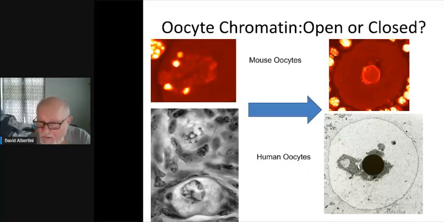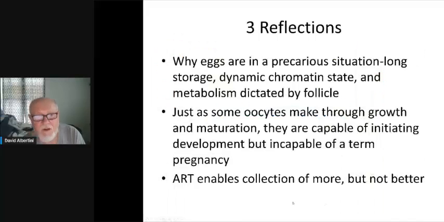And here's an electron micrograph of a fully grown human oocyte with its prominent nucleolus. And these are all conditions that we know can be, again, affected by lifestyle. You can imagine that interruption of gene expression patterns during development of an oocyte could have long-term consequences when that oocyte is ovulated.